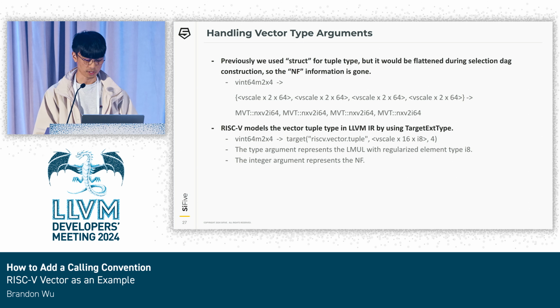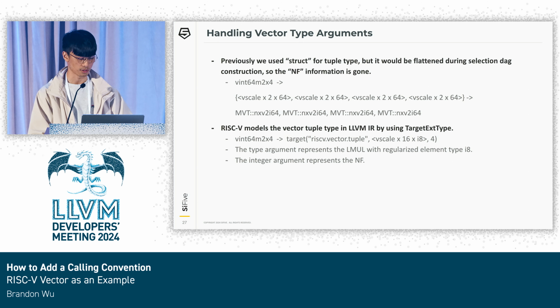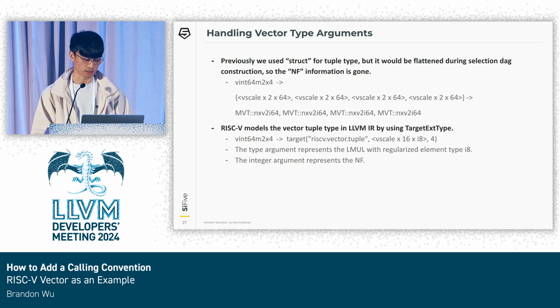However, this approach has a potential problem. In SelectionDAG, the struct type is flattened to its element type, where the group information is gone. So it's not possible to infer its exact type. We need a new type for handling vector tuple in RISC-V.